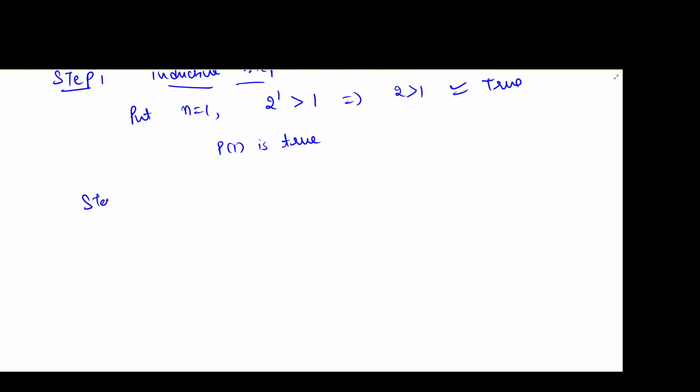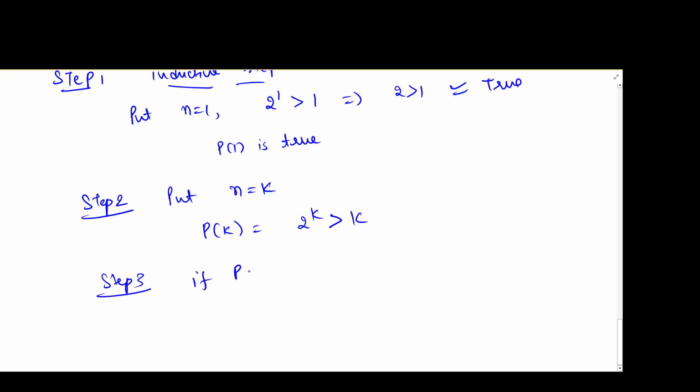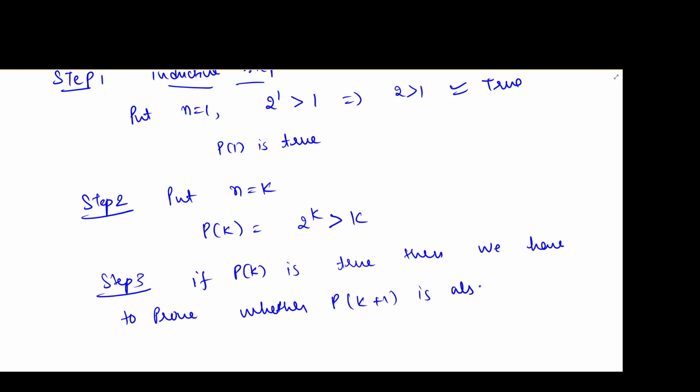Now step 2, put n equal to k. So Pk is 2 to the power k greater than k. Now step 3, if Pk is true, then we have to prove whether Pk plus 1 is also true.